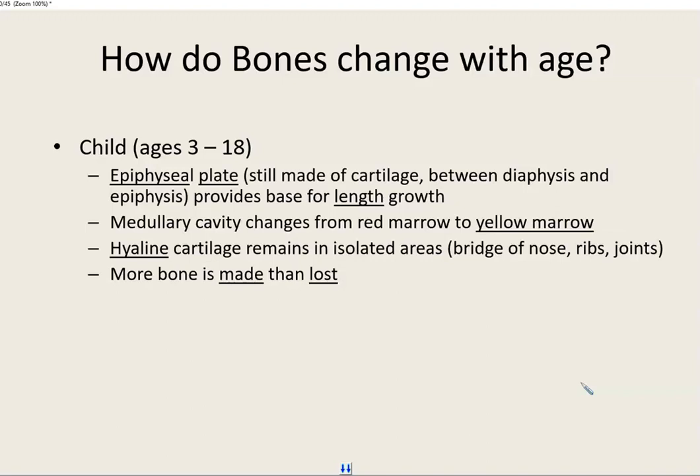At this stage, more bone is being made than lost. And so when we say that, we would say your osteoblasts are doing more than your osteoclasts.